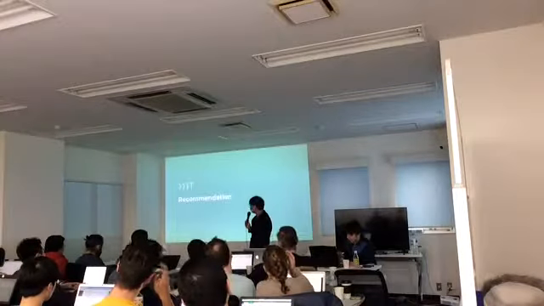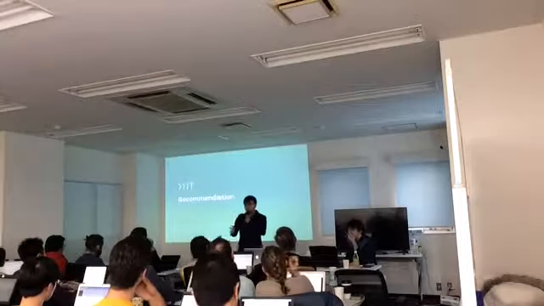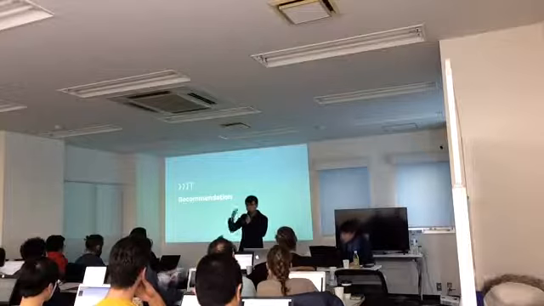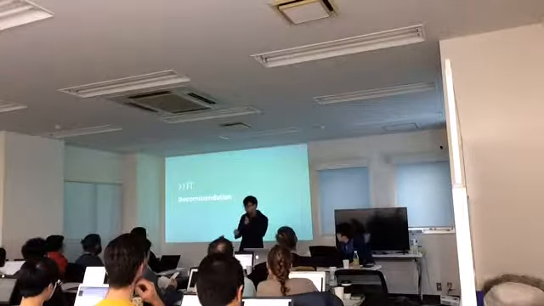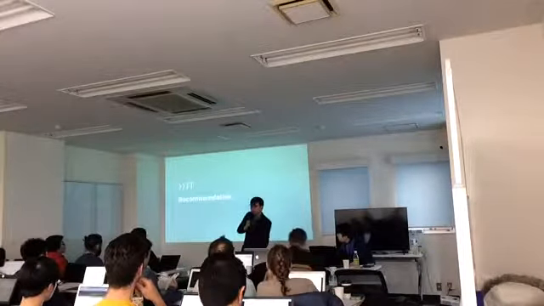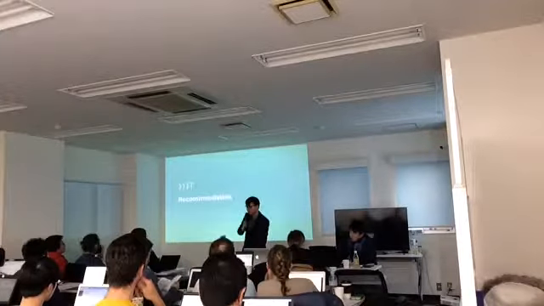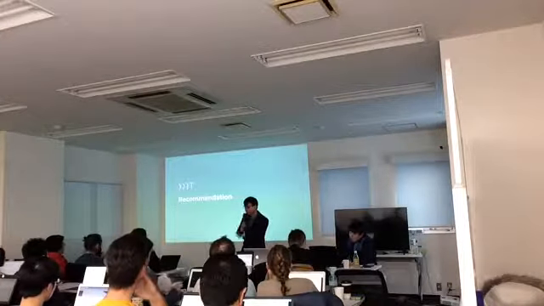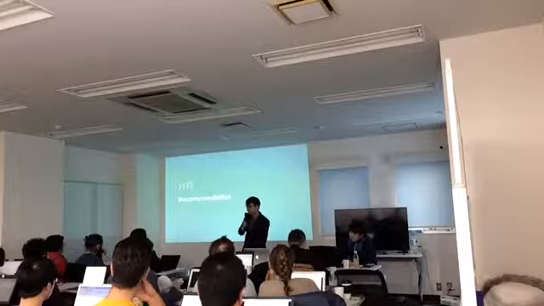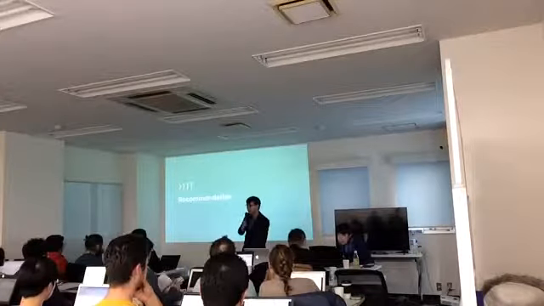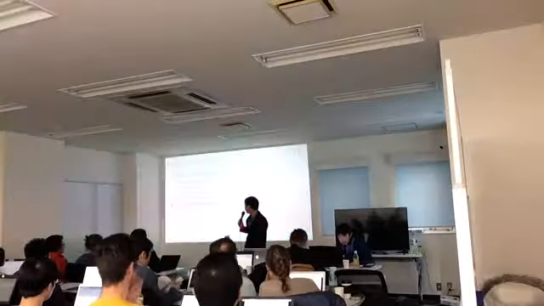I will skip this. And finally, before we group into teams, I want to give a quick recommendation for everyone: how to deal with this data set and what you should do to achieve higher results than the current baseline model.